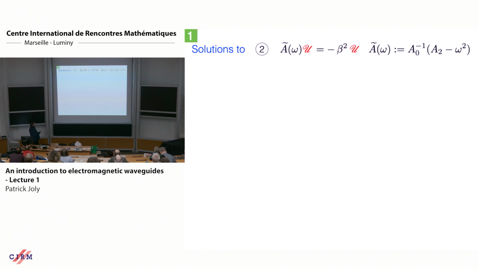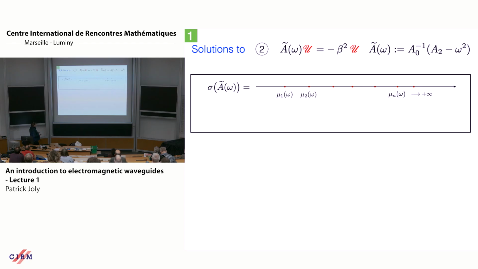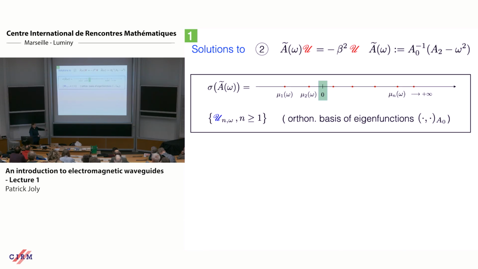So when you look at the second problem, you have a very similar situation. You have again a sequence of eigenvalues that go to infinity, but this time, since the operator is only bounded from below, not all the eigenvalues are positive. So you have again a sequence of eigenfunctions, and as I said before, the zero is somewhere.